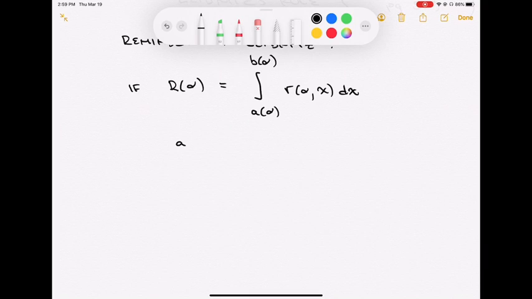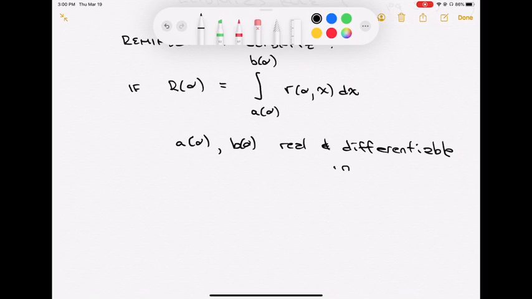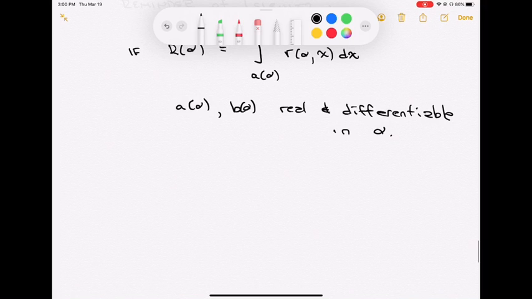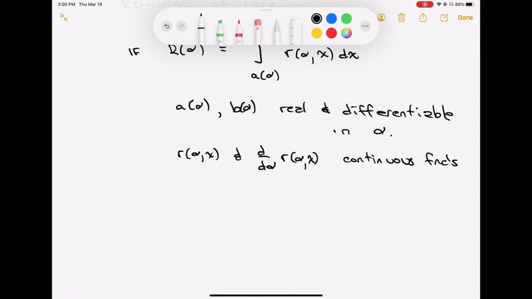It requires that a of alpha and b of alpha be real and differentiable in that parameter alpha for this to work, and that we also need little r of alpha and x, and the derivative with respect to alpha of r of alpha and x, to be continuous functions of both alpha and x. So there are some conditions for Leibniz to give the result that it does.